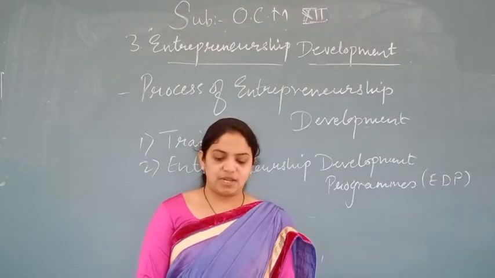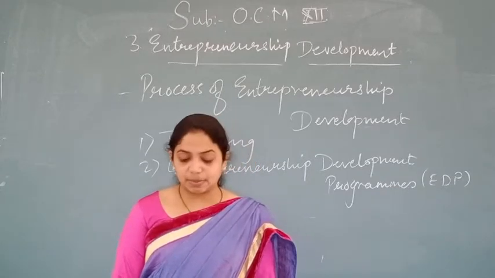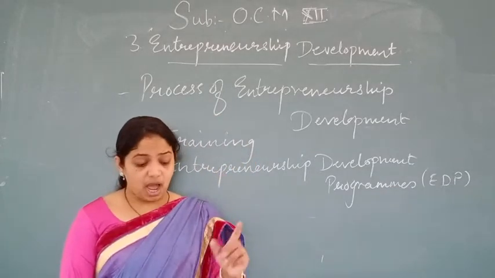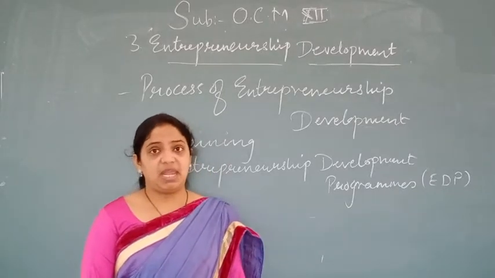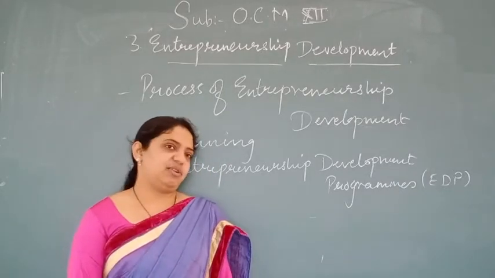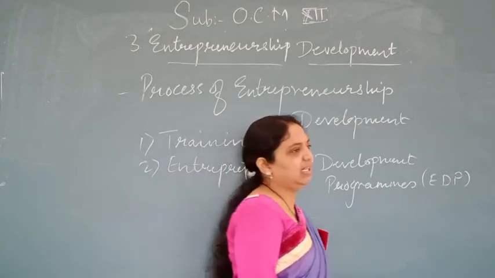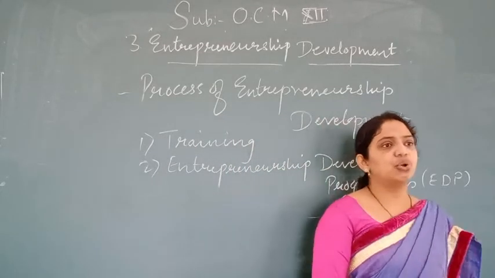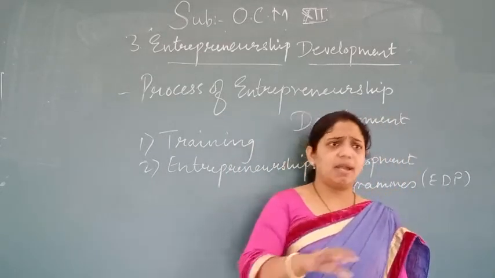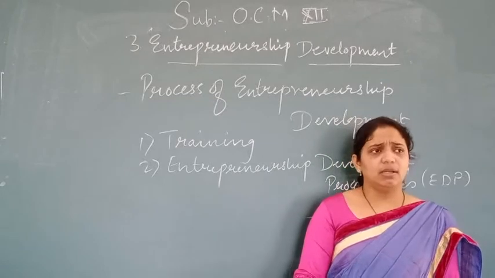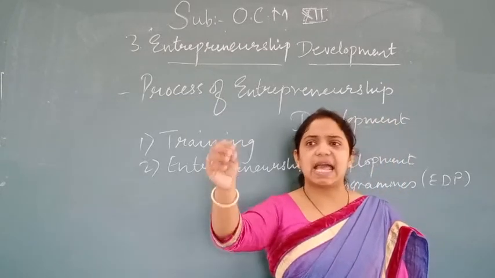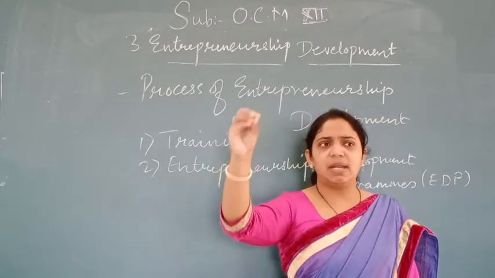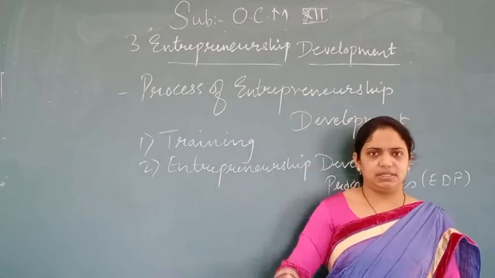Whereas modern observation mentions that some entrepreneurs may be born, but a large number of them can be made by education and training. Yes, this statement I agree. According to the modern school of thought, some entrepreneurs are such that they are born only, they are talented, they are billionaires, and they started the business.